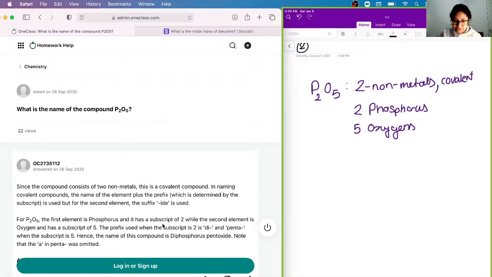The prefix for 2 is di and for 5 is penta.